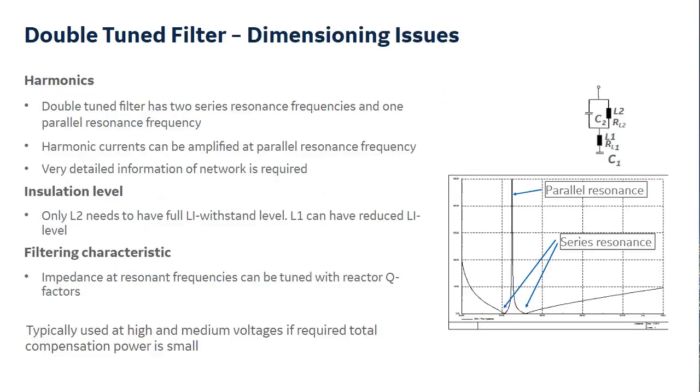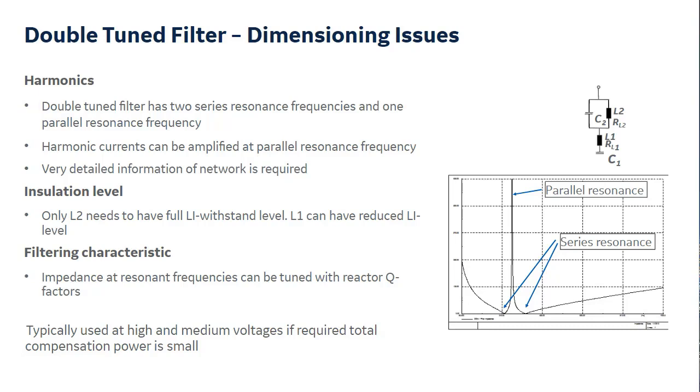There are some dimensioning issues with this. I would say the worst thing here is that you need very precise information on the network when you put something like this in there. Because when you compare it to a single tuned filter, you will have an additional resonance point.